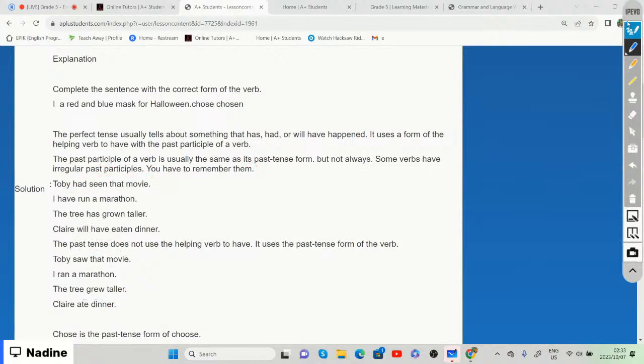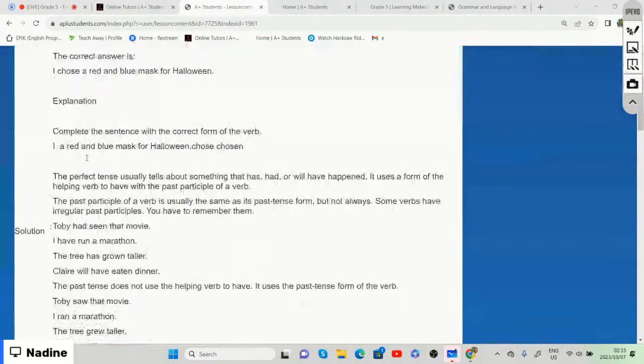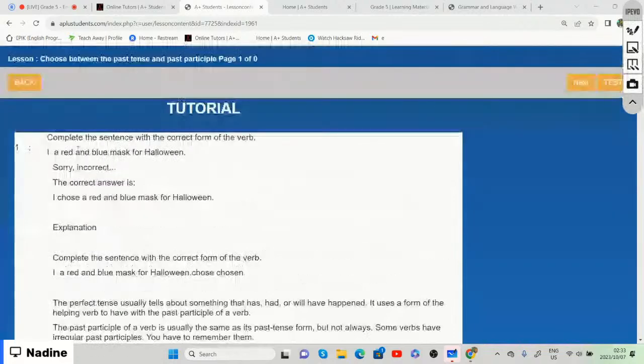All right, so now we're going to do a few activities and then we're going to our test. I chose a red and blue mask for Halloween. We need to complete the sentence with the correct form of the verb.